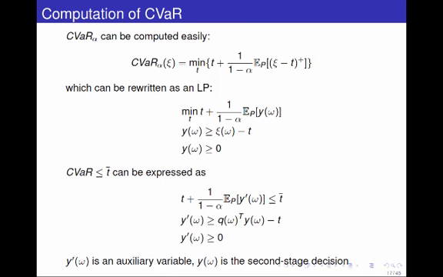Exactly. What would be the optimal solution for this problem if you didn't have this plus superscript, if it were just expectation xi minus tau? Come again?